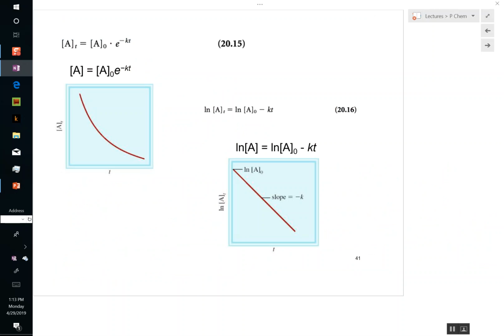Yeah, so here's the analog of it. So really the concentration of A at any time t is equal to the original concentration times e to the negative kt, and that's coming off in that fashion. And here is a y equals mx plus b.